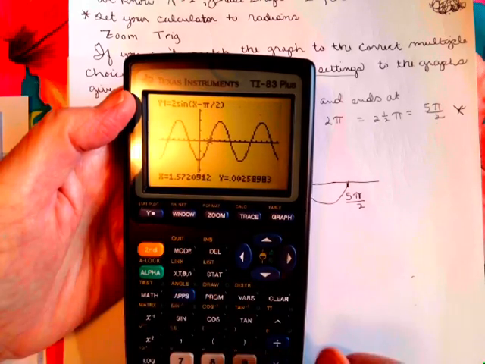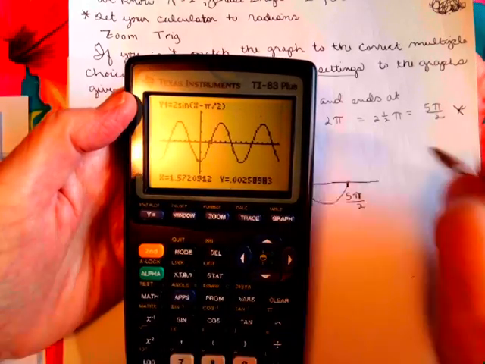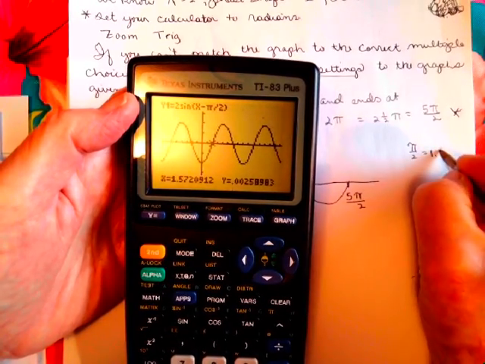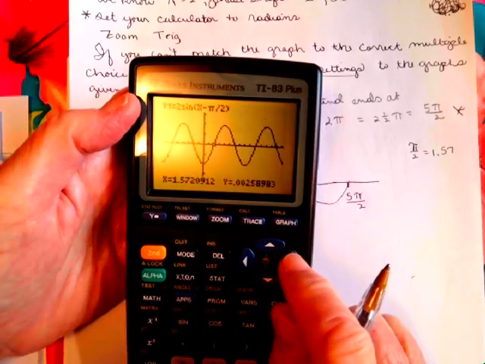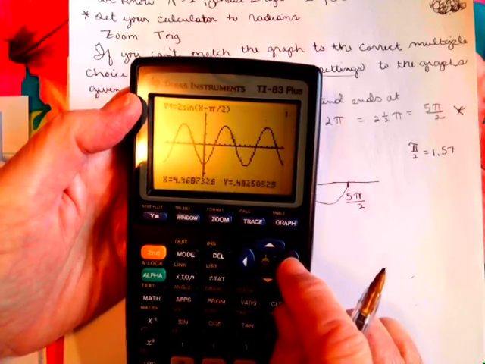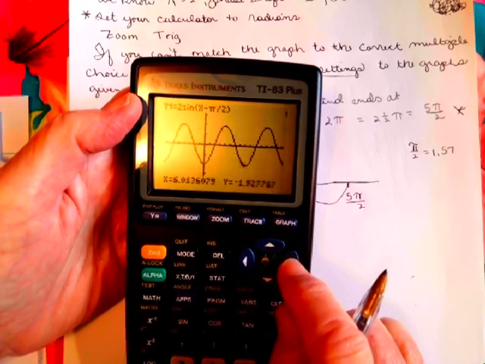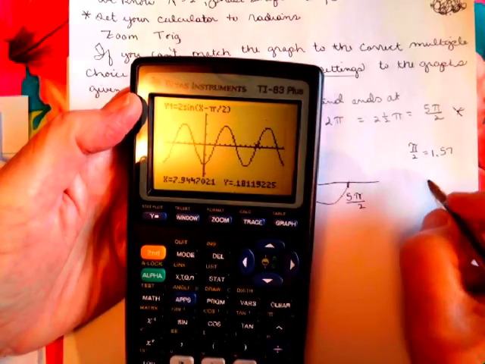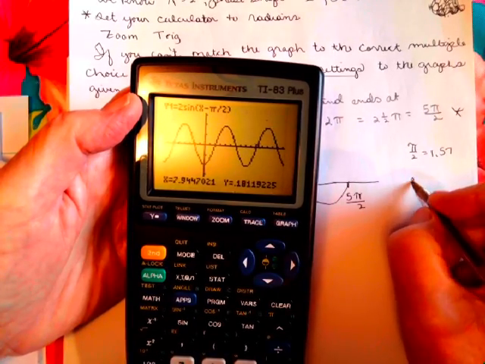This starts at 1.57. 1.57 is pi divided by 2. Let's see where this thing ends. It ends over here at 7.94.